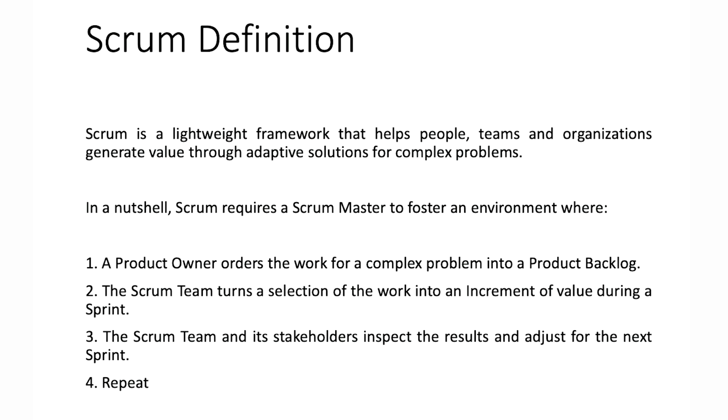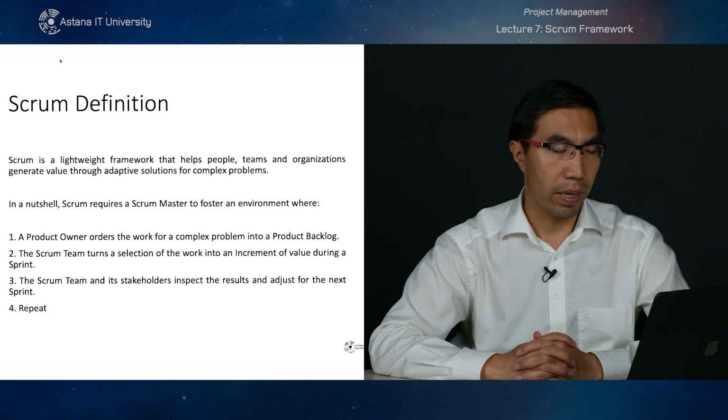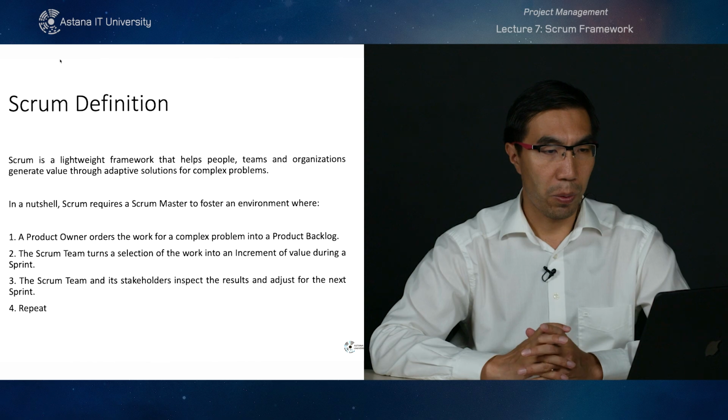The Scrum team turns a selection of the work into an increment of value during a sprint, and then the Scrum team and its stakeholders inspect the results and adjust for the next sprint. Then it repeats in the next sprint. So this is, in a nutshell, the Scrum framework.